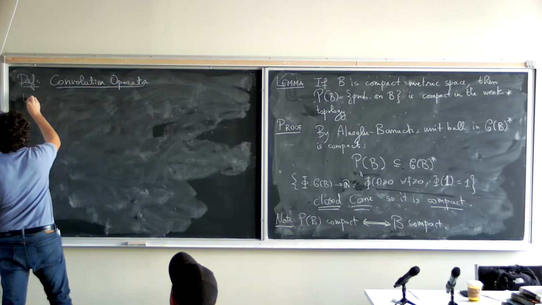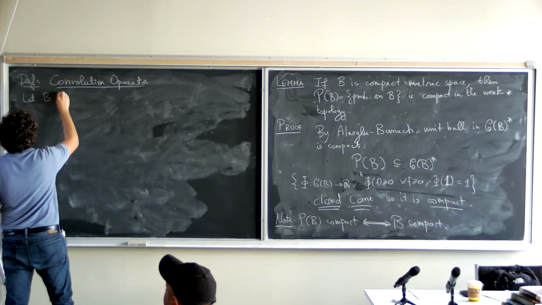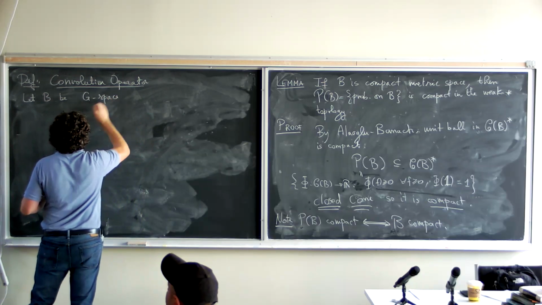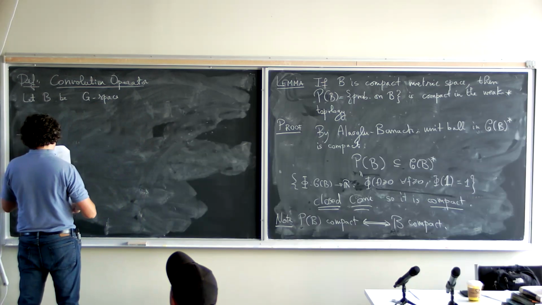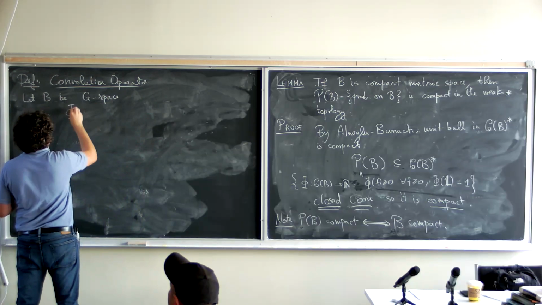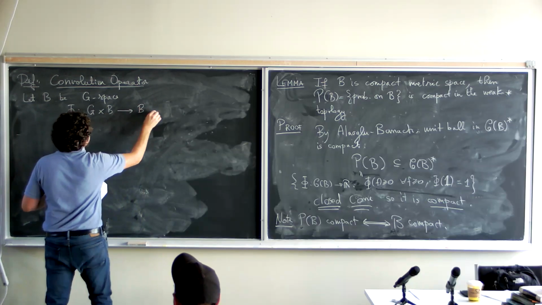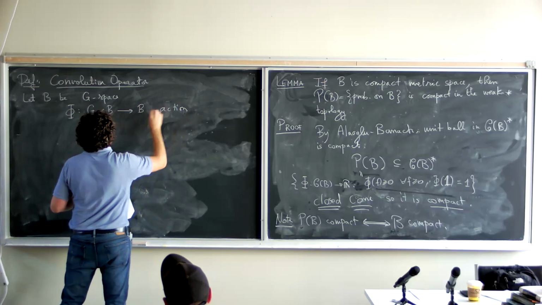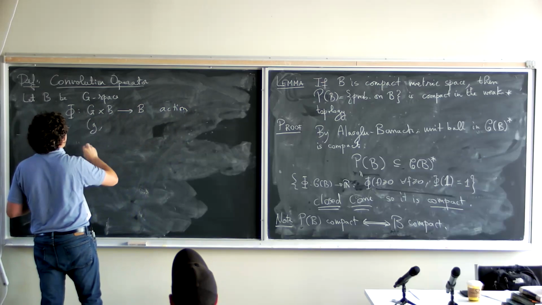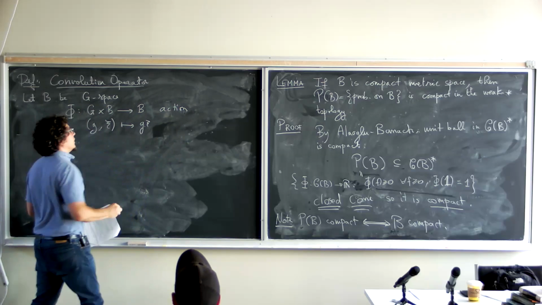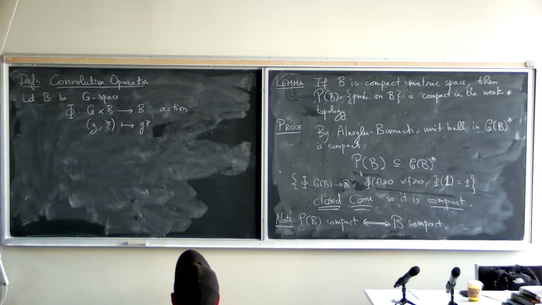So again, let B be a G-space. Then we have the following map from G times B to B. This is the action, which takes g and a boundary point psi and gives you g psi. This is just the action by homeomorphisms.